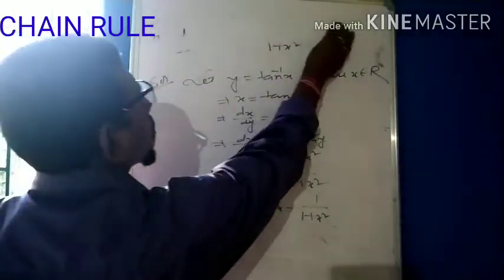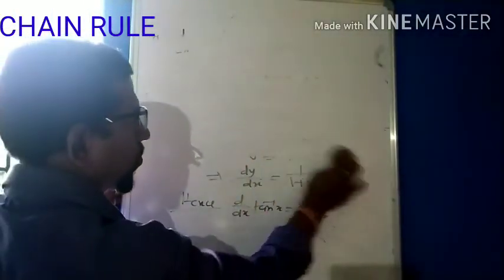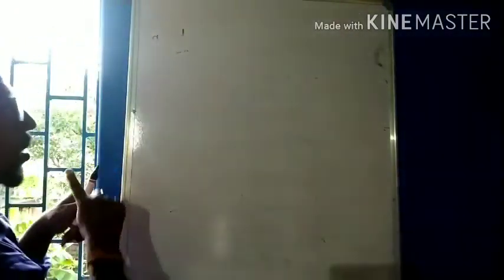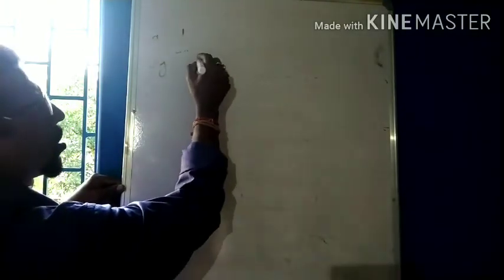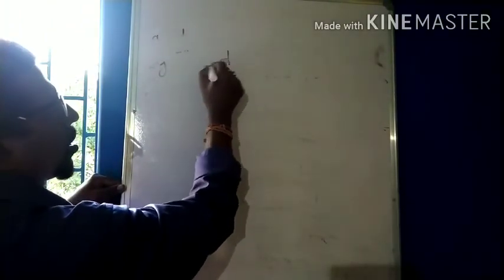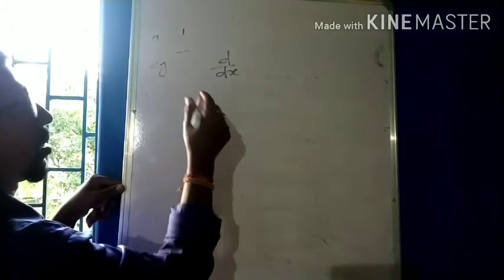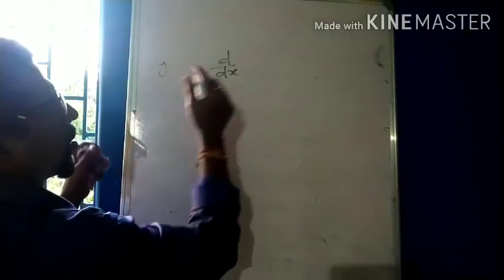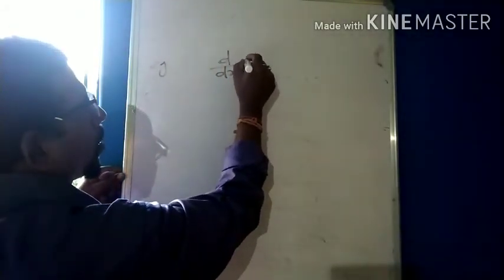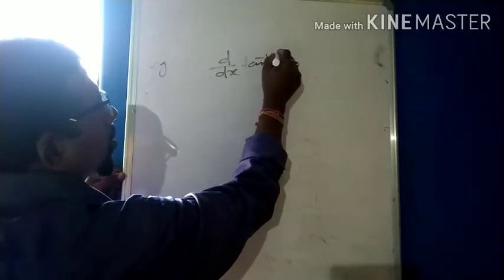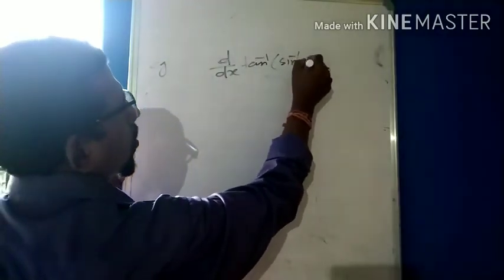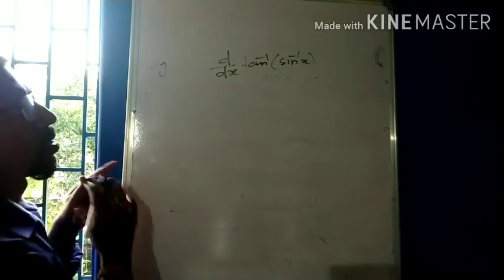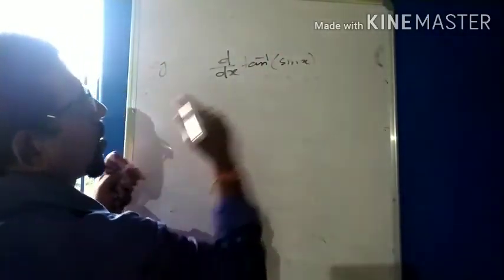Now we are going to find some problems based on inverse trigonometric functions. As an example, suppose we differentiate tan inverse sin x. What will be the differentiation of tan inverse sin x?